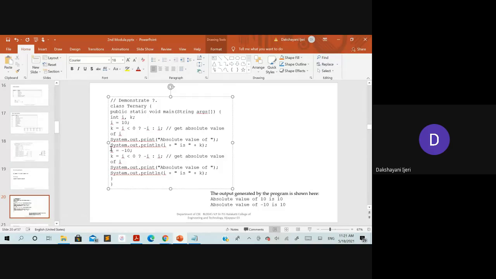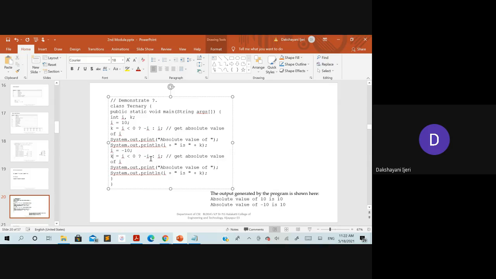So we'll see one more example where i has been initialized with the value minus 10. So what has been done here? The question mark will first check the condition whether i is less than 0. Minus 10 is less than 0, yes, right? So it is true. That means this part will be executed.